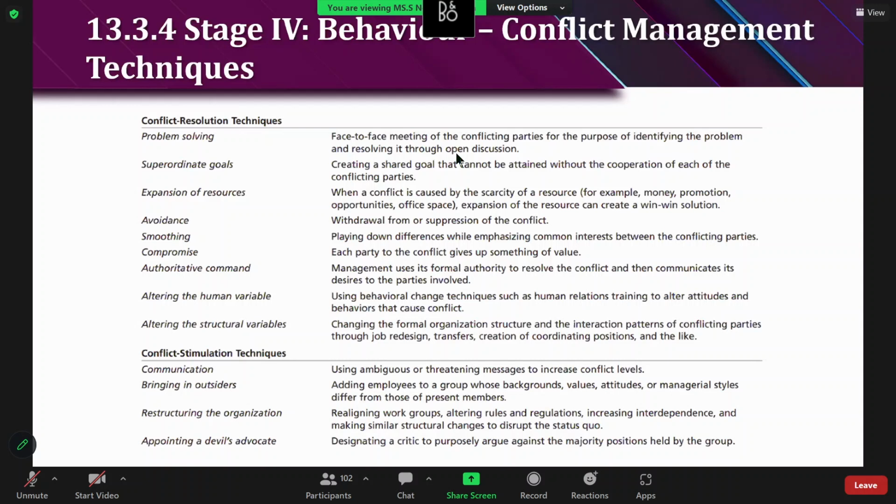That means bringing the conflict to the moderate level if it is really high. And if the conflict is really low, we can use conflict stimulation techniques, like communication. We can use ambiguous and threatening messages to increase the conflict among the people, and bring in outsiders. Another is adding employees to the group whose background, values and attitudes are far different from the existing members.